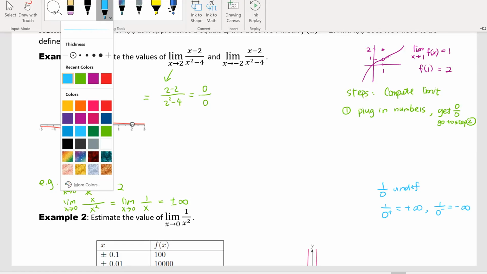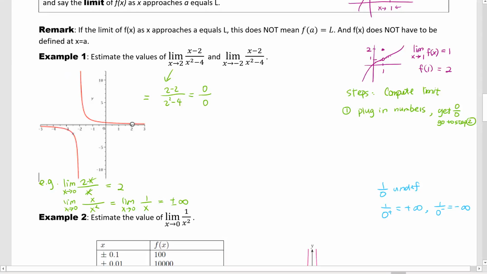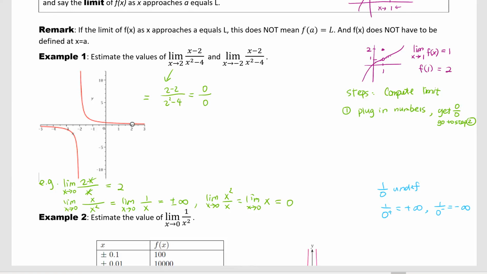Alright, let's continue. And we can also have the limit of x squared over x, right? This is 0 over 0, but you can cancel the x. Then we get x. Well, the limit of x, when we plug in x is 0, we get 0. Oh, by the way, why can we cancel the x here?